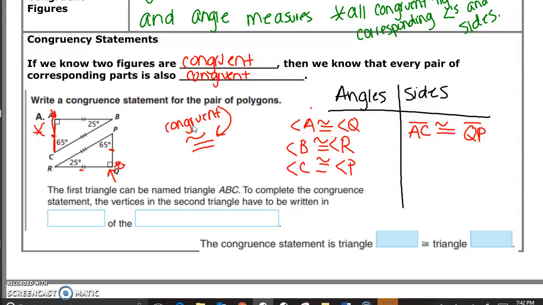Okay, and then looking at the line with two dashes, I'm going to use a different color, the line with two dashes here. So that's line AB.